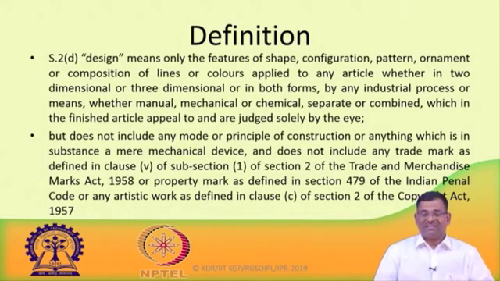It also does not include any trademark defined under the Trademark Act, or any property mark defined under section 479 of the Indian Penal Code, or any artistic work as defined in clause (c) of the Copyright Act. Because for artistic work, you go to the Copyright Act and register it as copyright, and for trademark, you register it as a trademark, not under designs. So, design is exclusively the visual appearance, solely judged by the eye.